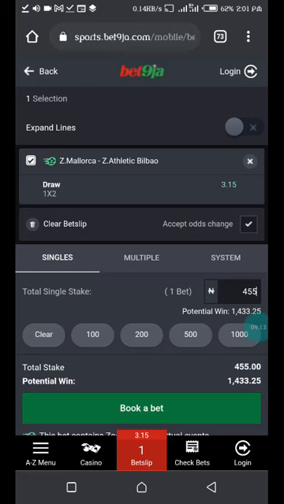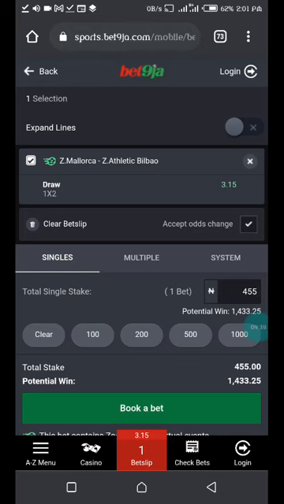If the medium odd, that is the second to the lowest odd, comes in for you, you're going to be making a small percentage profit, or a very little loss. If the odds of the games are very, very high, you're not going to be making a loss.